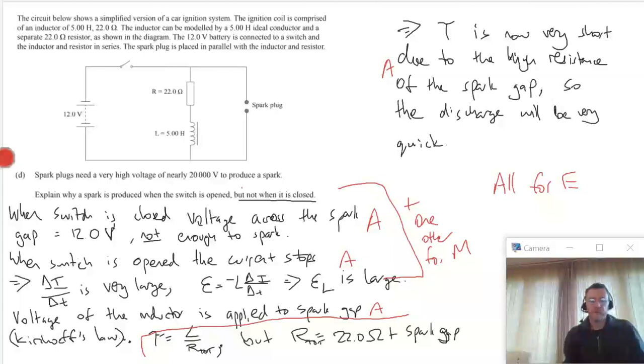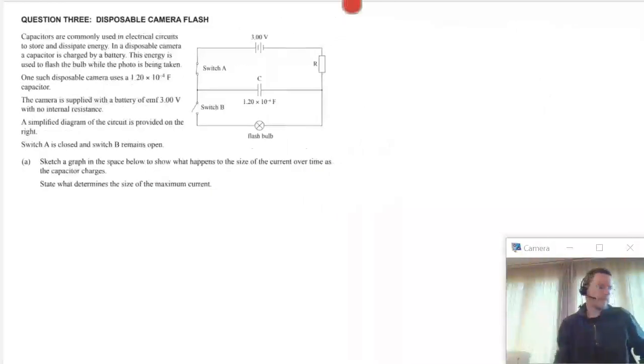You need both of those, plus that the voltage from the inductor is applied to the spark gap, or that the time constant is very short for M. You needed all three different aspects for E. Okay, so it's quite a tough question to get the excellence out of, I think.